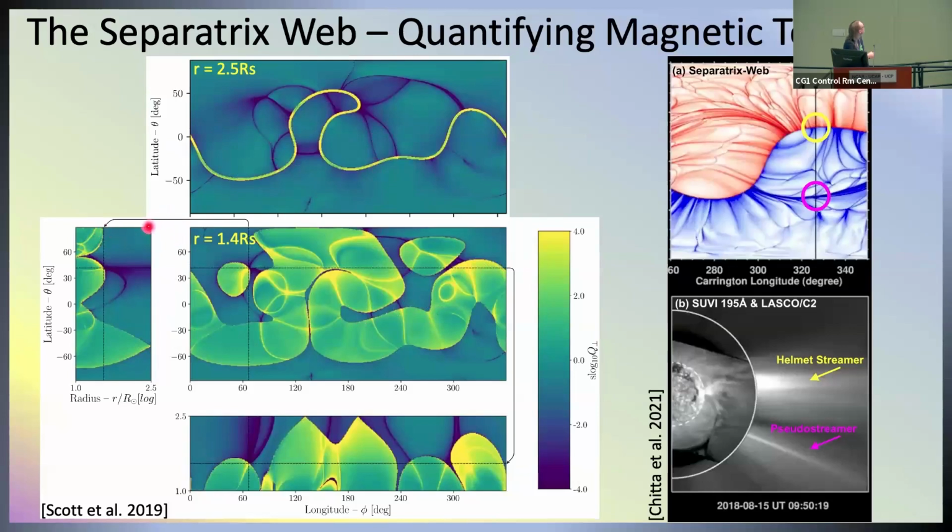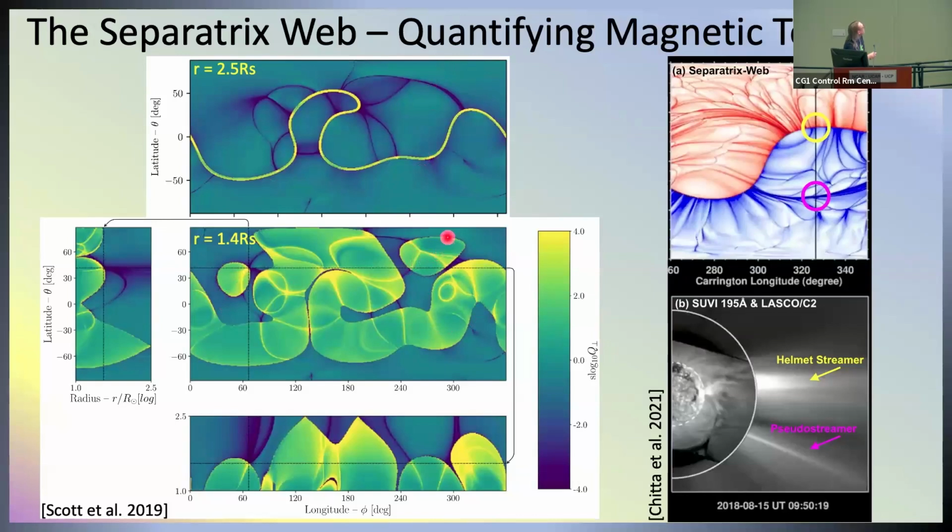And if I move that surface further down to here, now all of this bright stuff is closed flux. So this is the top half of the helmet streamer that follows this pattern. And now we're starting to get into the closed field regions of the pseudo-streamers that live beneath these arcs.